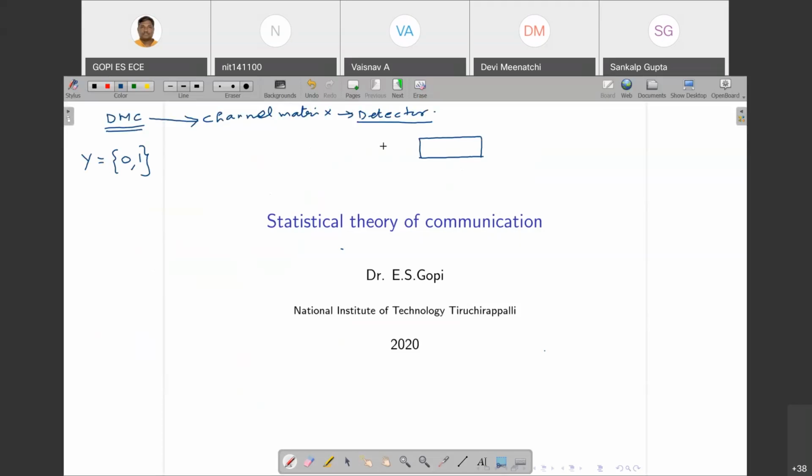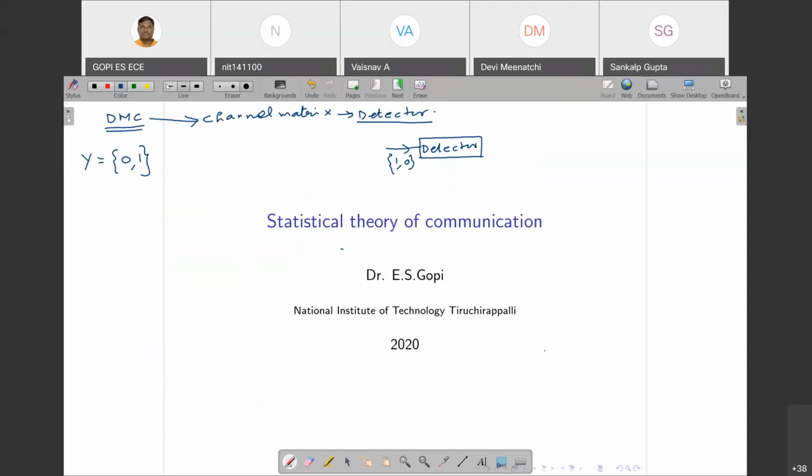I'm just drawing only this detector block alone. Here what you receive in the receiver section is going to be either 1 or 0. There are only two choices for it. And then you need to decide whether it is 1 or 0, based on the input.